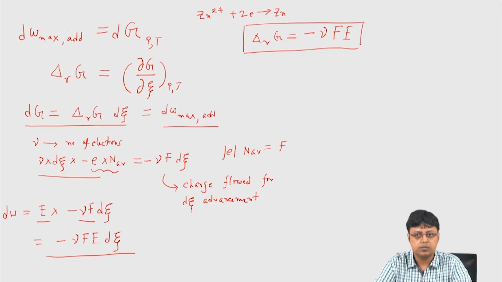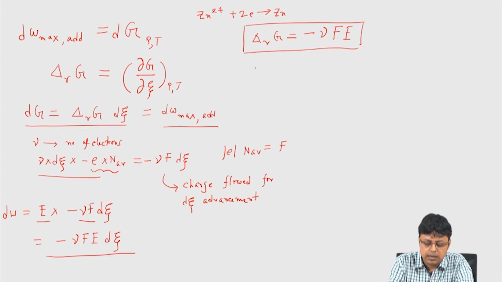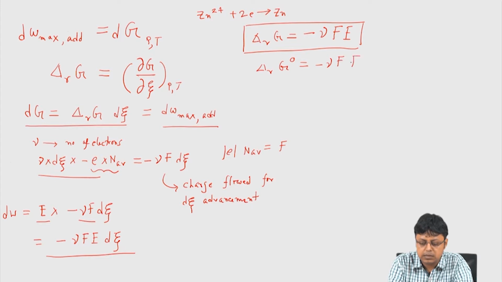This standard state corresponds, for gaseous state, to 1 bar of pressure. For pure liquid or pure solid form, we will see how the standard state can be defined. But let us say that we are running this reaction at the standard condition, and the corresponding potential we call the standard potential, which we write as E 0. Just like we write delta G 0, we are also writing E 0.